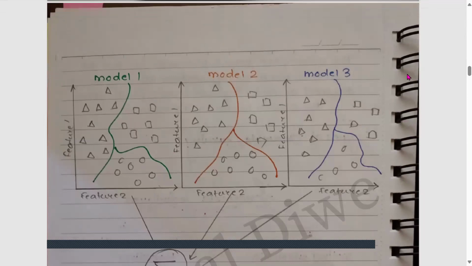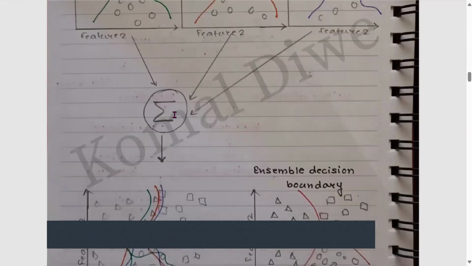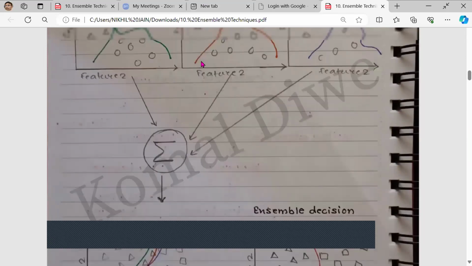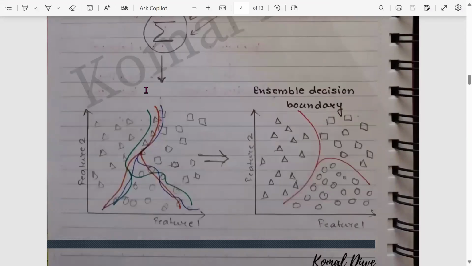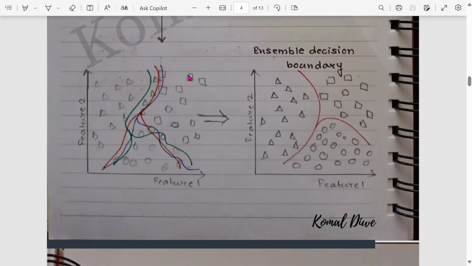All these are three different models. Remember one thing, we are using three different models here. Then here is the summation sign. When we combine all these models, we get the final ensemble decision boundary.